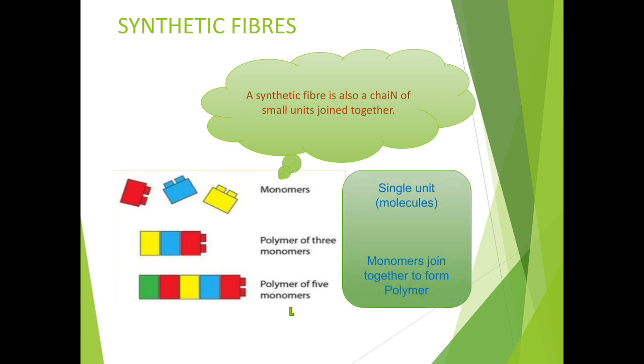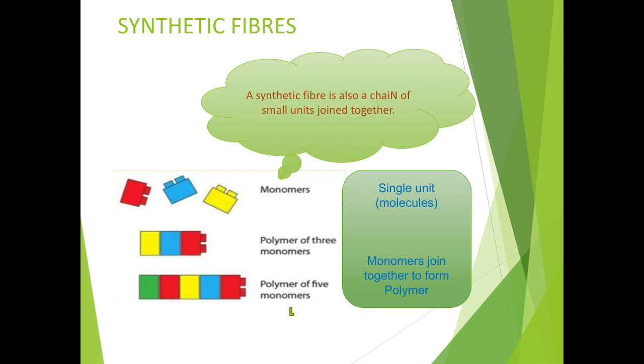You will be having single units of molecules and they are known as monomers. These single units of molecules can be joined together to form long chain of molecules, and these are known as polymers. The synthetic fibers are a kind of polymer.